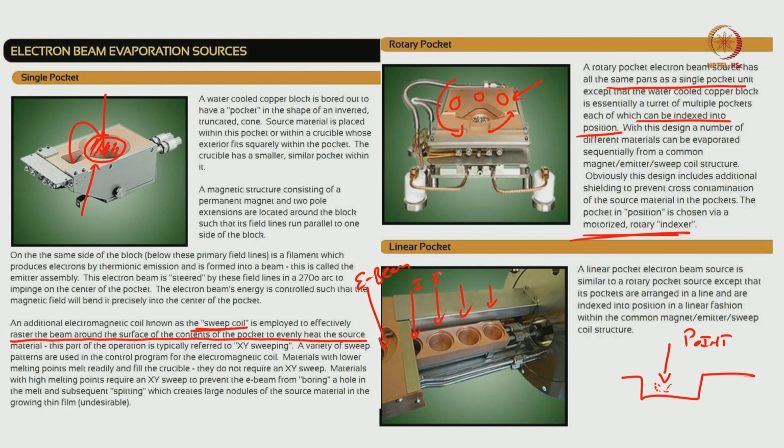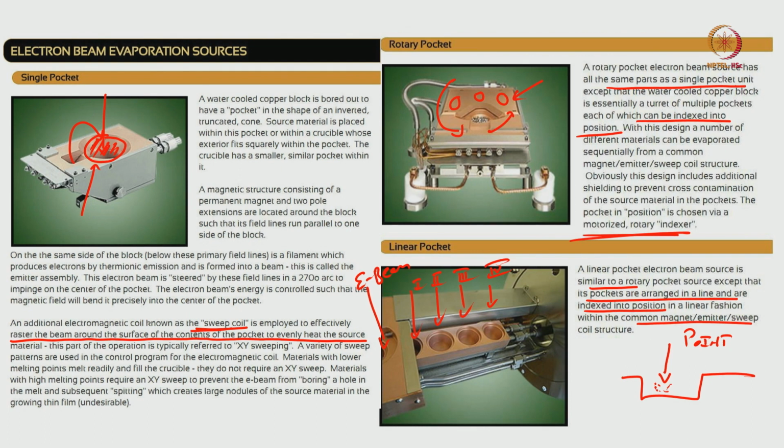So, you can bring the first, second, third or fourth pocket into the site of the electron beam. A linear pocket electron beam source is similar to the rotary pocket source, except the pockets are arranged in a line and are indexed into position in a linear fashion with common magnet, emitter, and sweep coil structures. Got it?